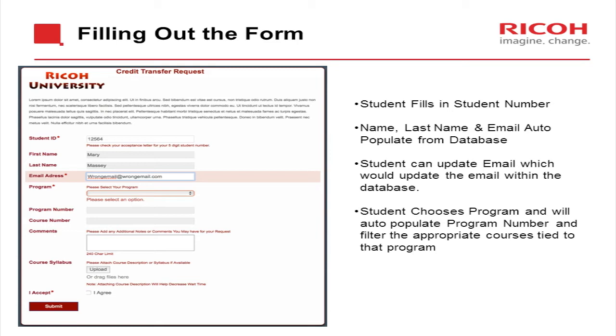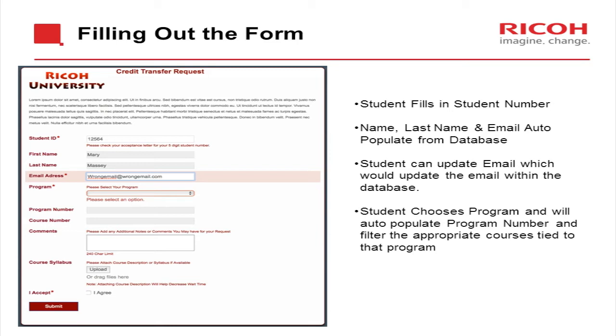The student fills in their student number if it hasn't already been populated. The first and last name auto-populate through a lookup against the student information system to confirm accurate data. The student can update the email address they would prefer to use during the credit transfer process.